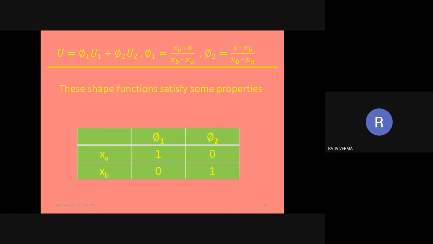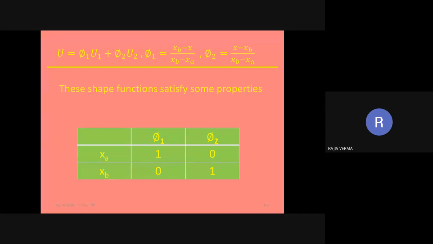Similarly, you can take up the expression for phi2, and you can come up with the values of phi2 at node 1 and node 2.